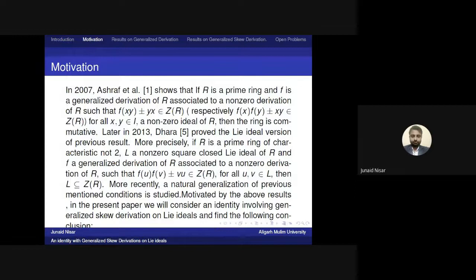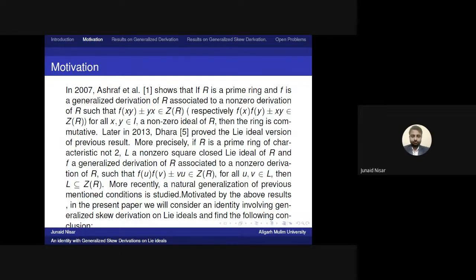In 2017, Ashraf et al. showed that if R is a prime ring and F is a generalized derivation of R satisfying F(xy) ± yx belongs to the center for all x, y in a non-zero ideal, then the ring is commutative. Later in 2013, Dar proved the Lie ideal version of the previous result.